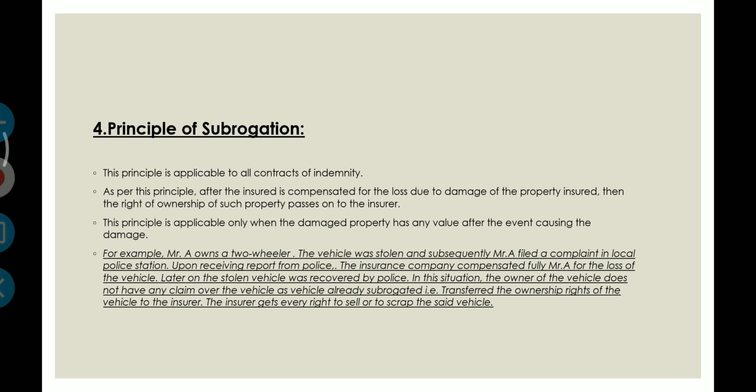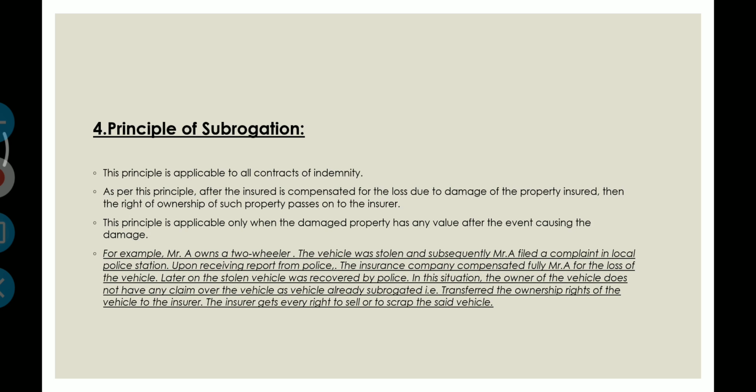Then I go to the insurance company and claim for the loss of the vehicle. Later on, the insurance company gave me my claim money on the occurrence of theft. I had insured against theft and I recovered my money from the insurance company.